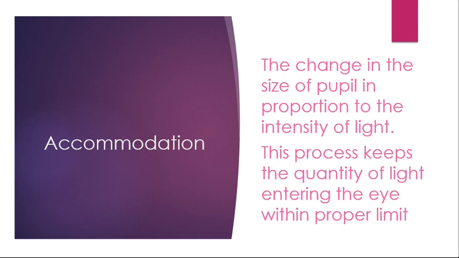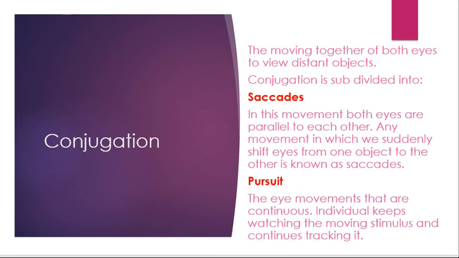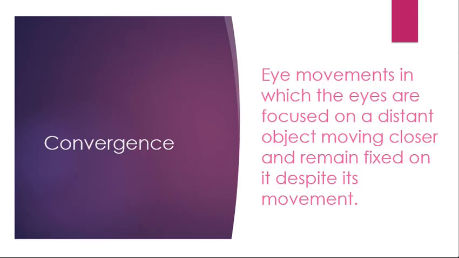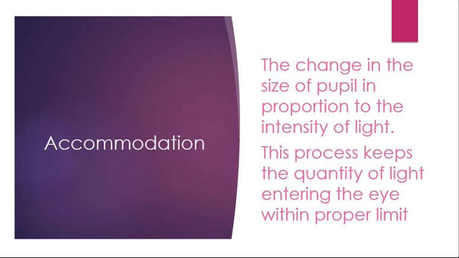These are the three functions of the eye: conjugation, convergence, and accommodation. So, dear students, today we learned about the anatomy or structure of the human eye and the visual process, or how we see and what we see.